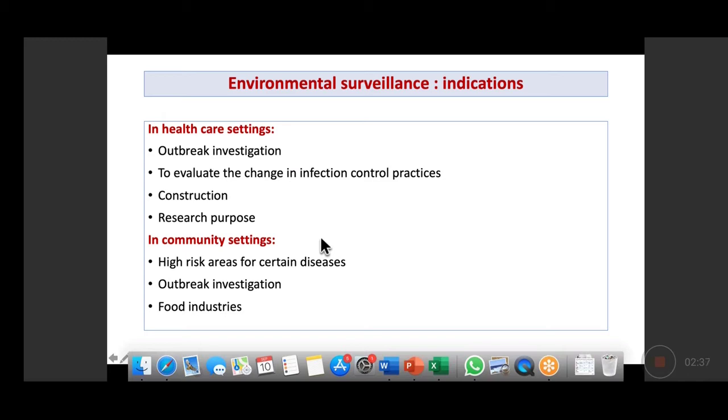Secondly, again, whenever there is an outbreak investigation in the community. And thirdly, in the food industry, because we want the environment in the food processing industry to be clean. So environmental surveillance can be done there. So routine or periodic environmental surveillance as such is not recommended, but it is generally done in certain specified conditions.